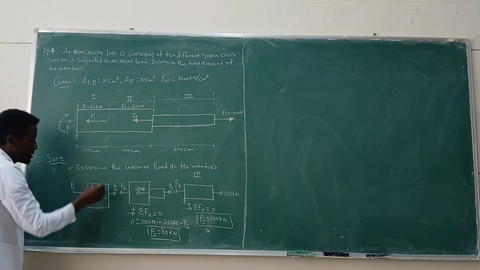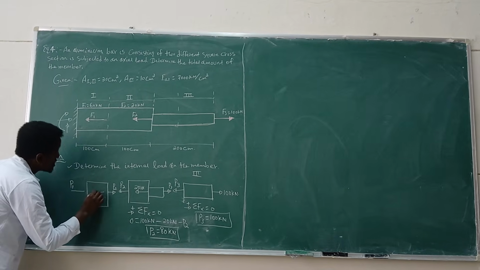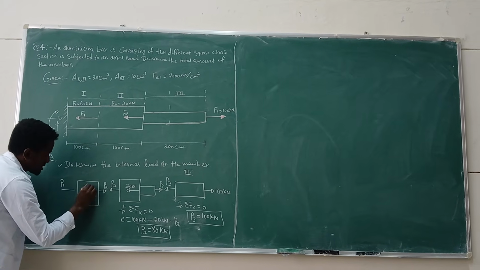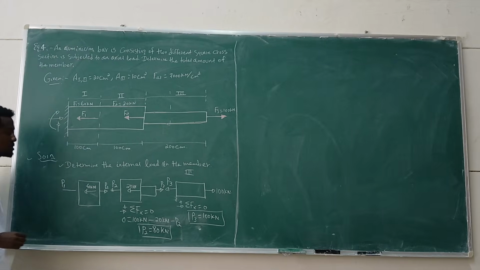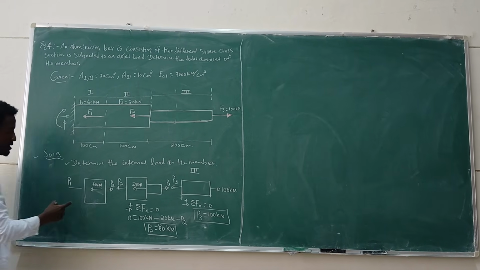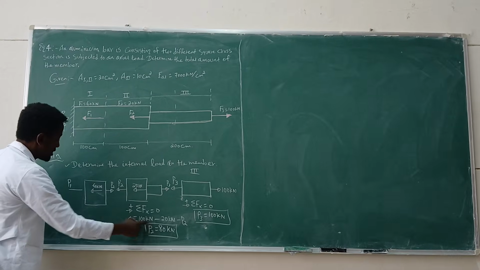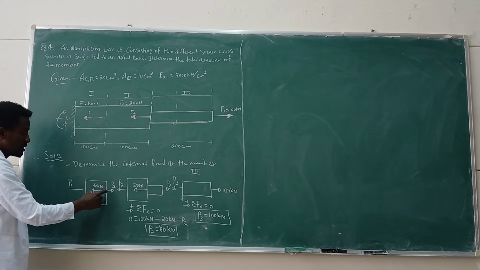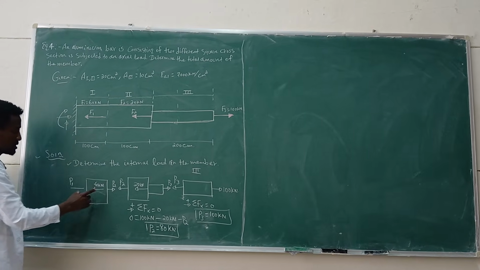And the applied load here is 60 kilonewton. P2 is 80 kilonewton and this is 60 kilonewton. 80 is greater than 60.